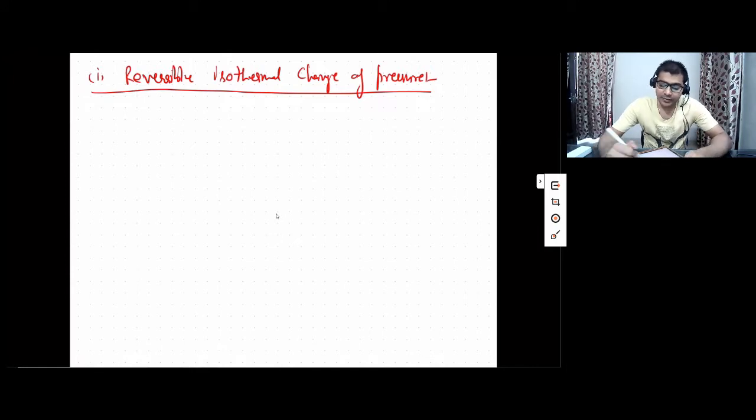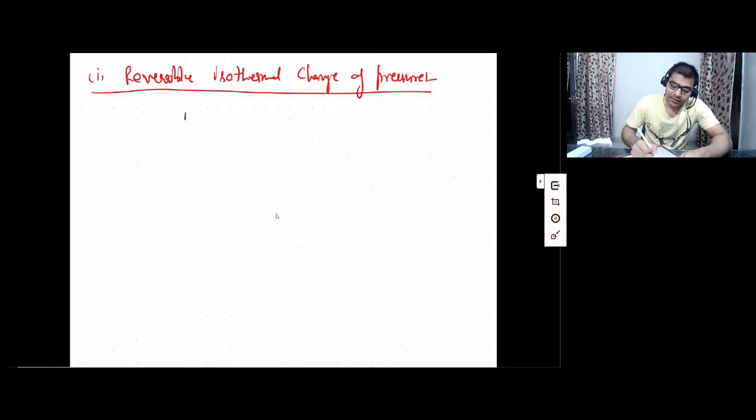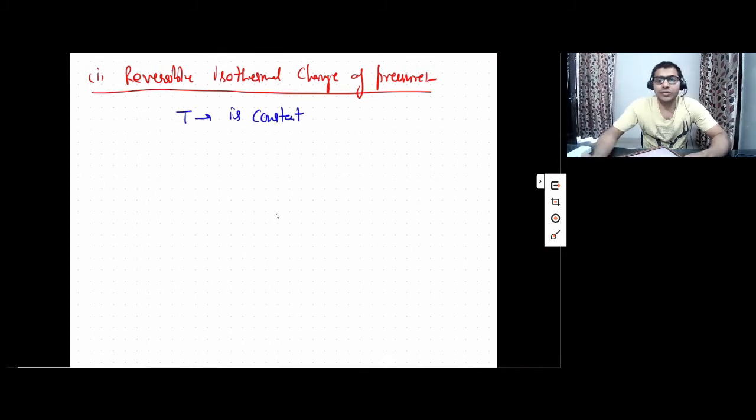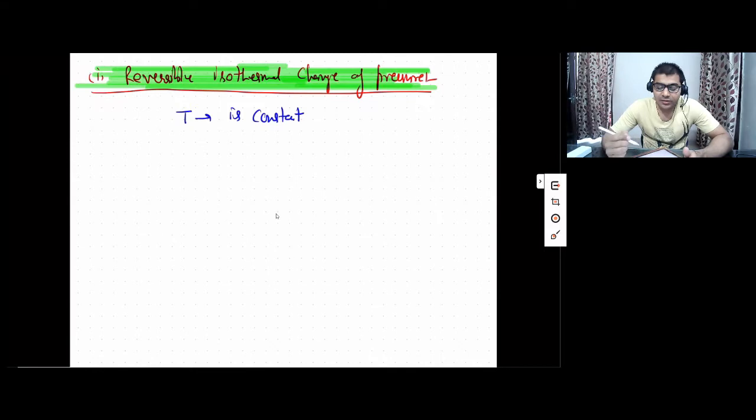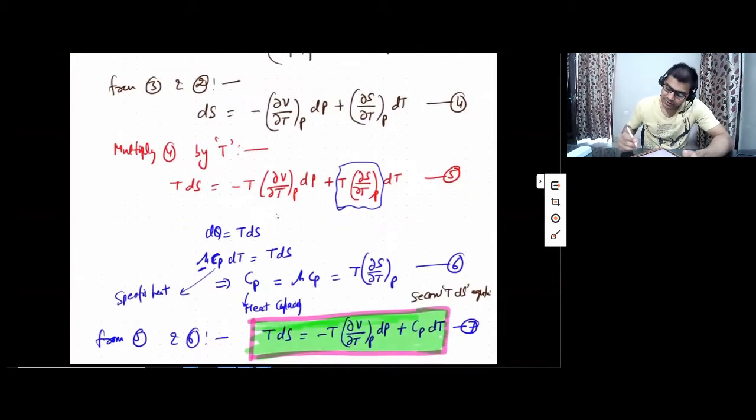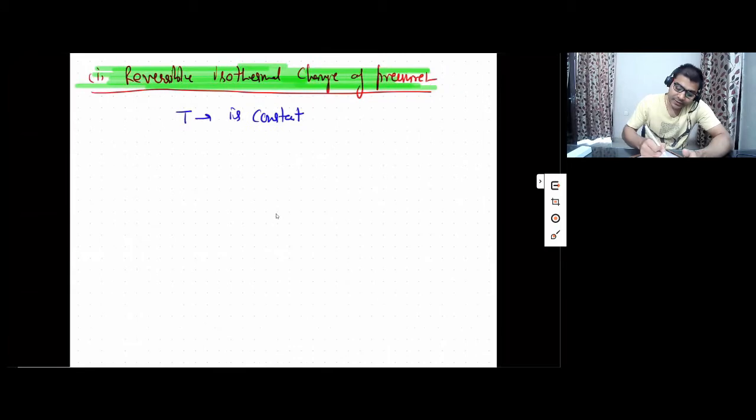Okay, so in an isothermal process, the temperature is constant. We are going to see how to use the second TdS equation to calculate the amount of heat exchanged in such a process. Since temperature is constant in an isothermal change, I can use my second TdS equation, equation 7, and write down TdS.